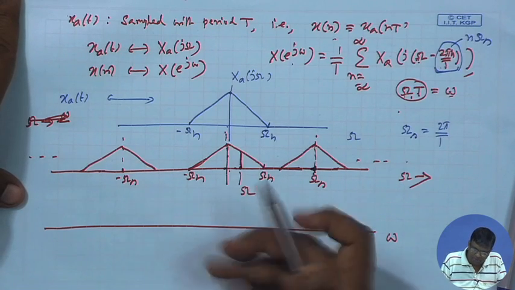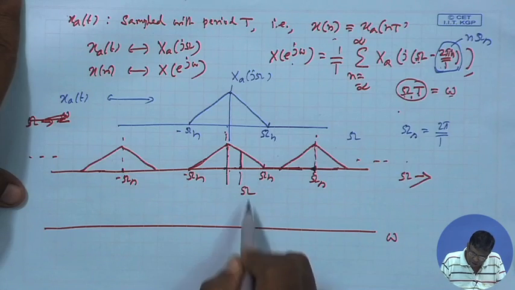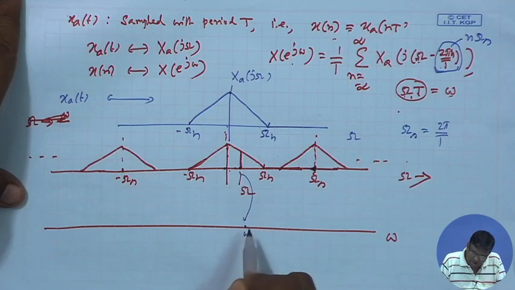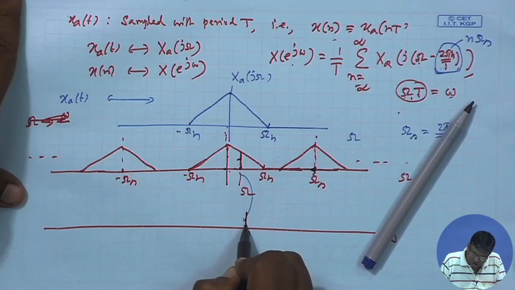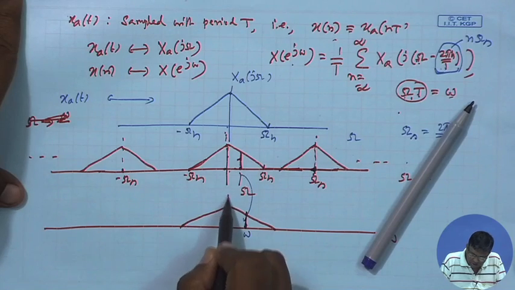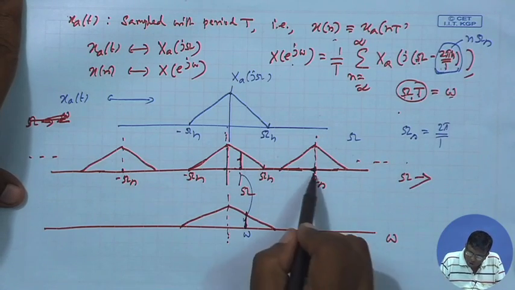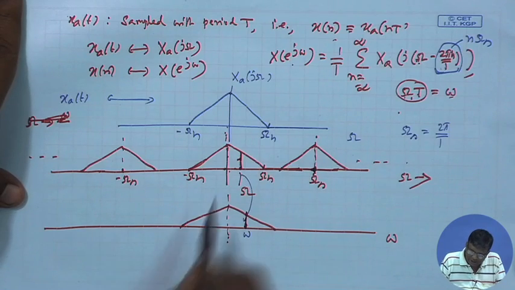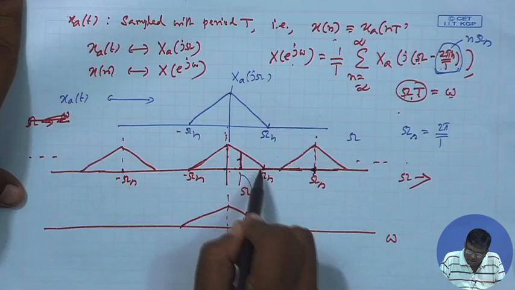All right. So, if this corresponds to small omega here, the same height, the same guy will move here. So, all points, if you have omega h, at omega h this is 0.